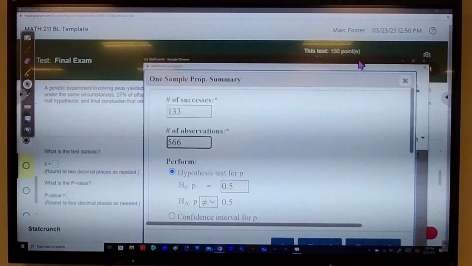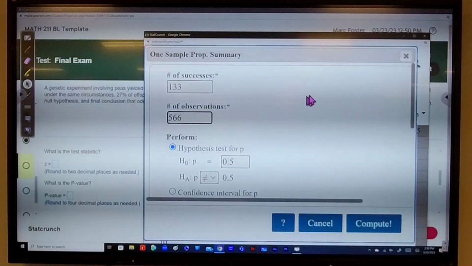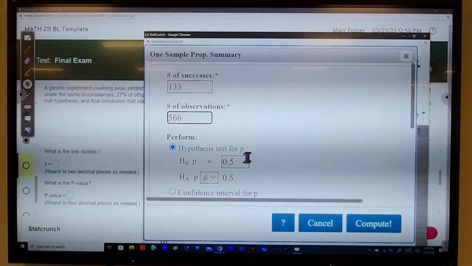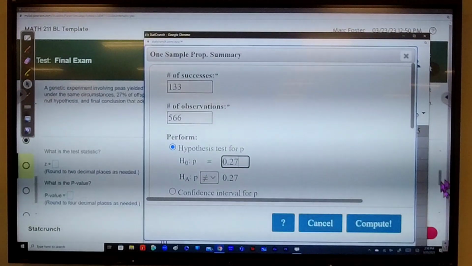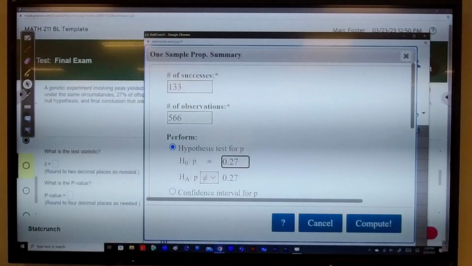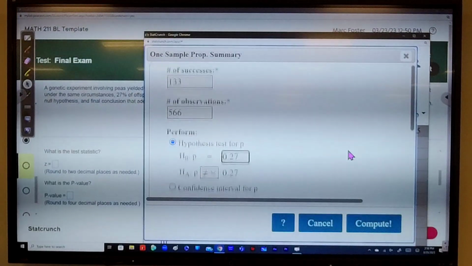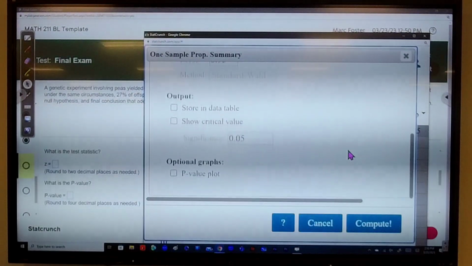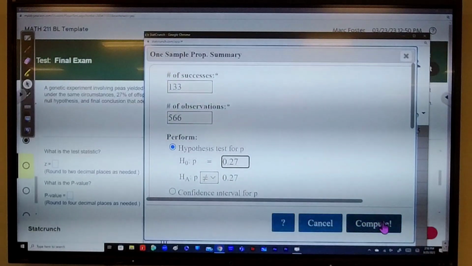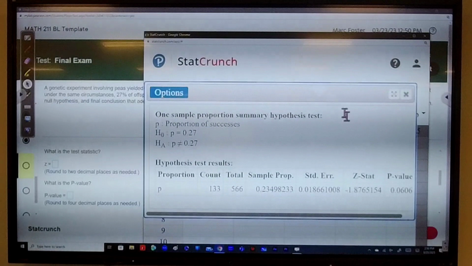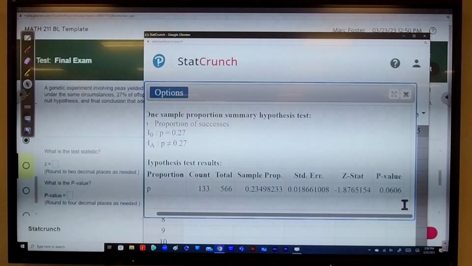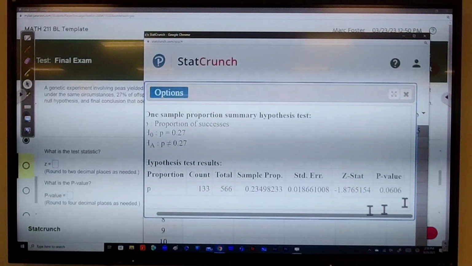All right. And we are doing a hypothesis test for 27%. So I put my 0.27. I'm ready to go. Click compute. Gives me everything I need: the z-stat, the test statistic, and the p-value.